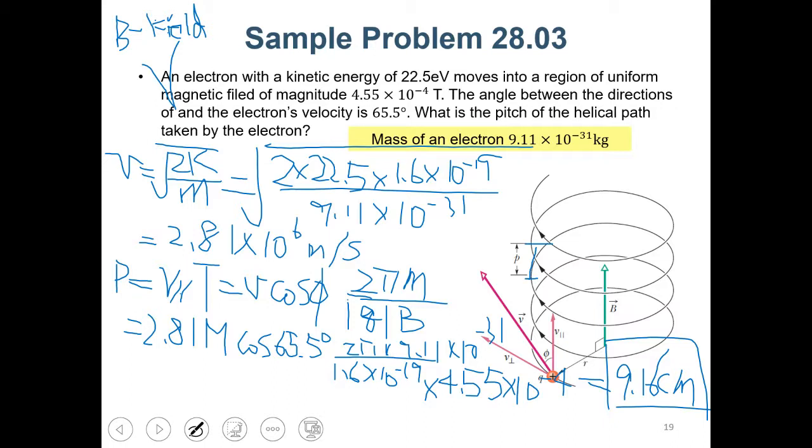So this distance is this velocity times the period of the circular motion, which means that if it is here, then it goes something like this, and goes back. So the distance between them is the pitch.